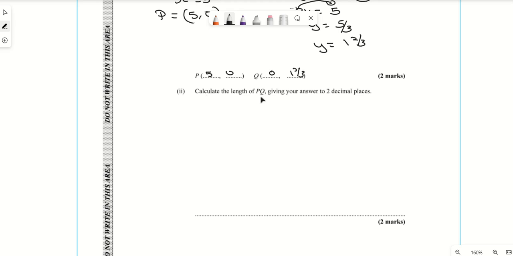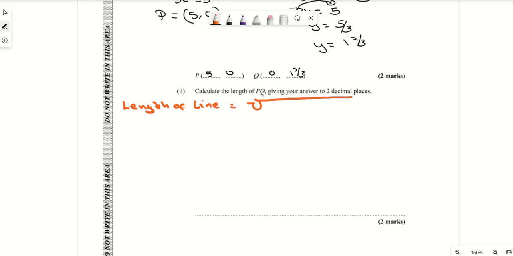This one here, calculate the length of PQ, giving your answer to 2 decimal places. Now, we're supposed to know that the formula for the length of a line is equal to the square root of open bracket x2 minus x1 all squared plus y2 minus y1 all squared.